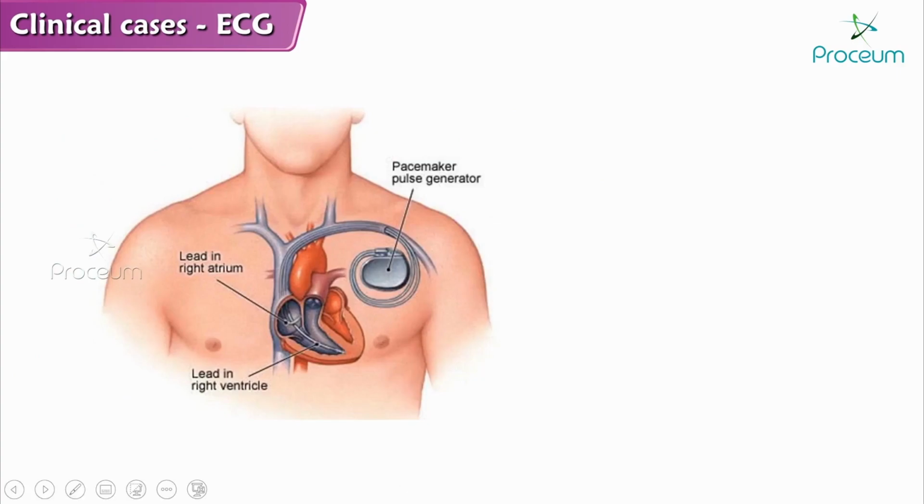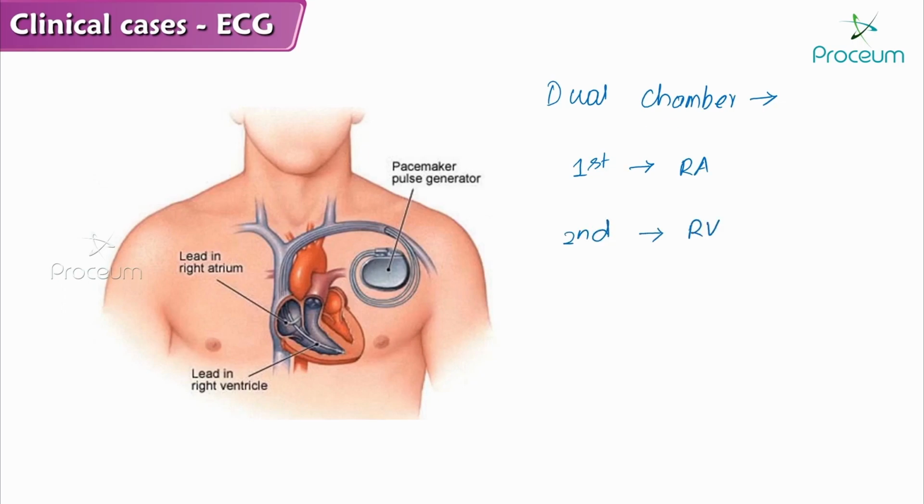In case of a dual chamber pacemaker, please remember one lead is placed in the right atrium and the other lead is placed in the right ventricle. That is where the leads are placed in a dual chamber pacemaker.